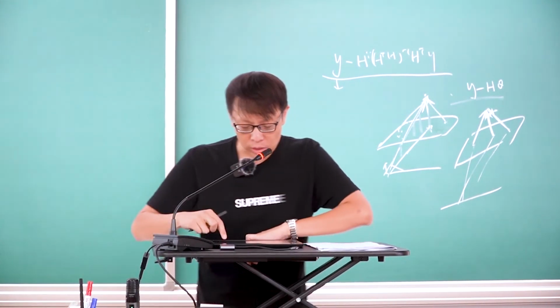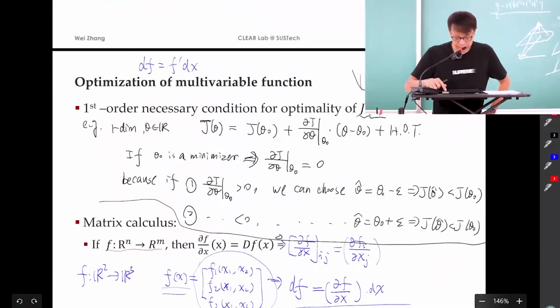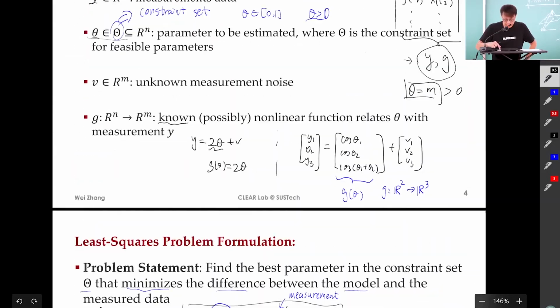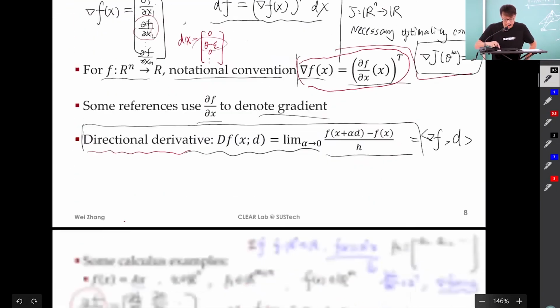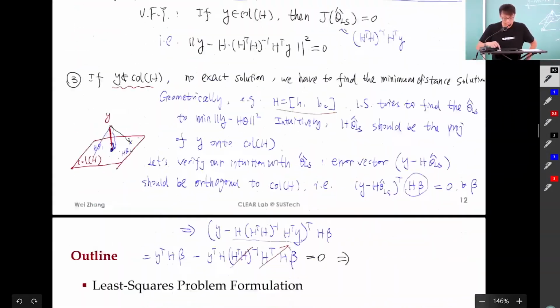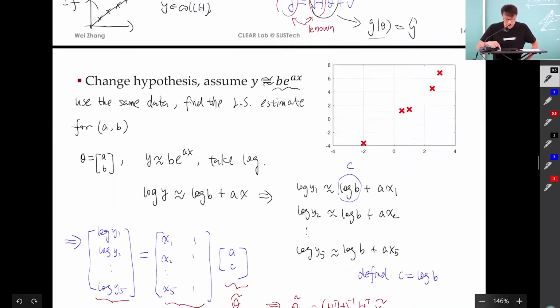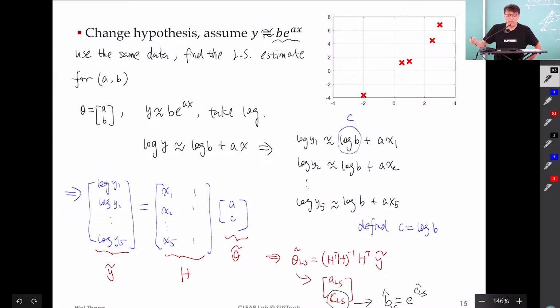I want to go back to our original formulation, in which we are picking different G. We're assuming different G structure. It's up to you what you believe is correct, but once you believe that, best parameter can be estimated using least squares.